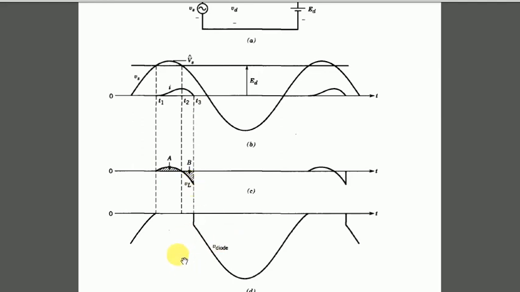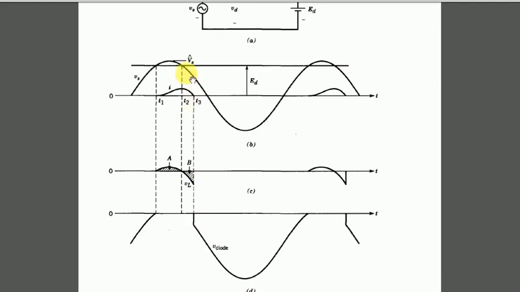An interesting waveform is the voltage across the diode. Up till T1 or alpha, the diode was not conducting, so all the source voltage was appearing across the diode. There was no flow of current, as we can see over here. Then it became forward biased, and up till this point there was current flow, so the voltage across the diode remained zero. After this point, when the current became zero, the diode became reverse biased.